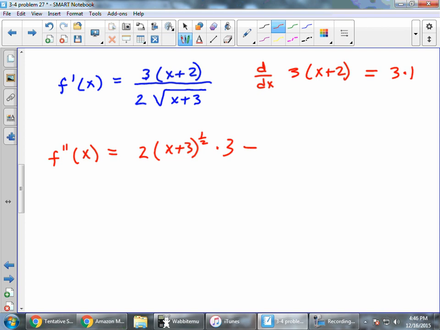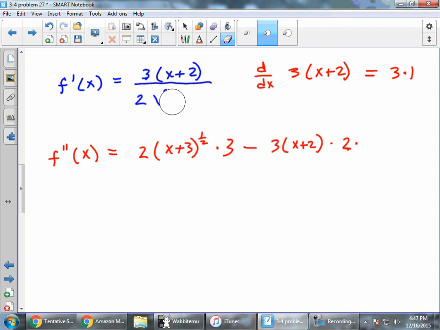And then minus, we're using the quotient rule now, the numerator, x plus 2, times the derivative of the denominator, and that's going to be the coefficient 2 times, let's think of this, I'm going to erase this and make it x plus 3 to the 1/2. It's just easier to see when you're doing that power rule.